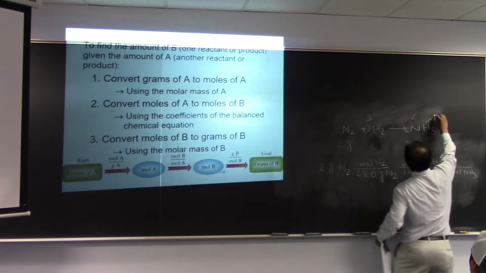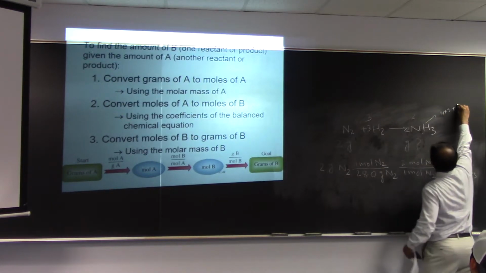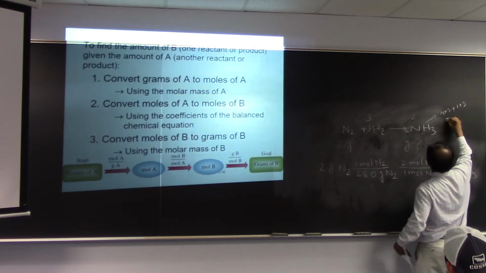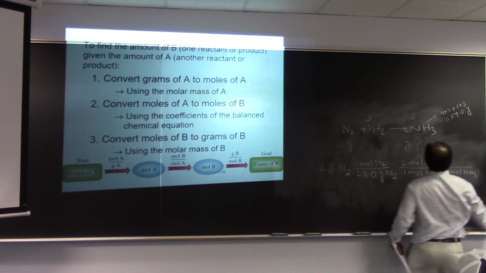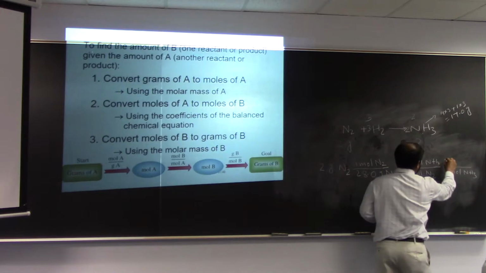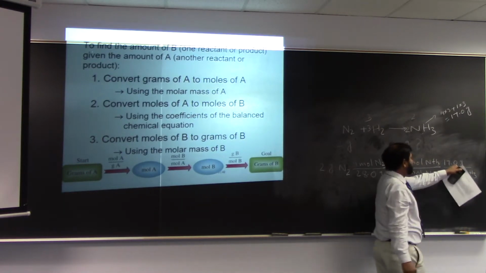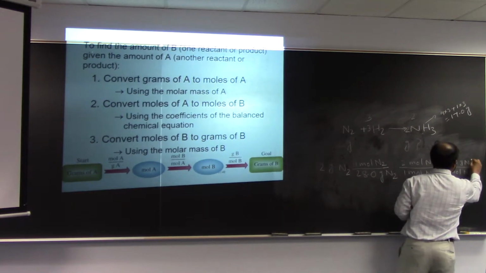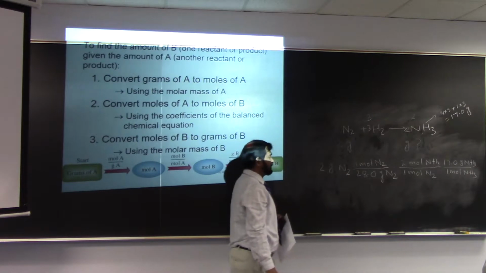So for ammonia, molar mass is 14 times 1 plus 1 times 3, 17.0 gram. Always put 1 digit after the decimal. 17.0 gram of ammonia you're producing.